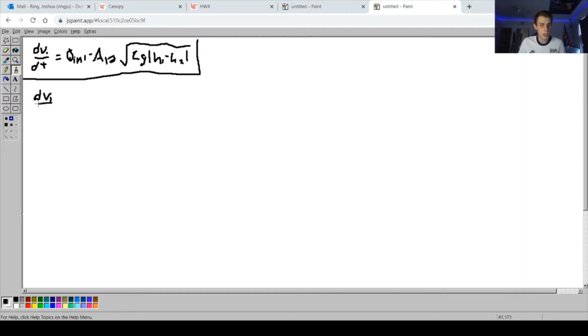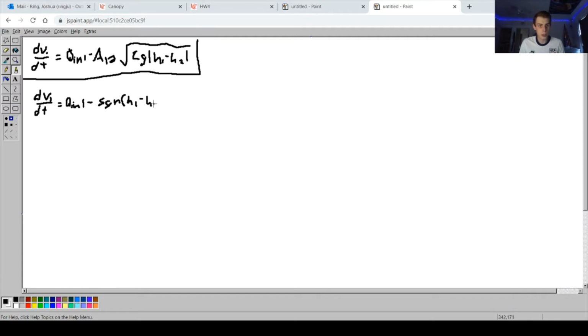So to do that, we rewrite this as dV1 over dt is equal to our inlet for tank 1. And the difference now, we have SGN, this being subtracted from SGN, which is just sign. And in here, similar to our absolute values, we have our H1 being subtracted from H2.